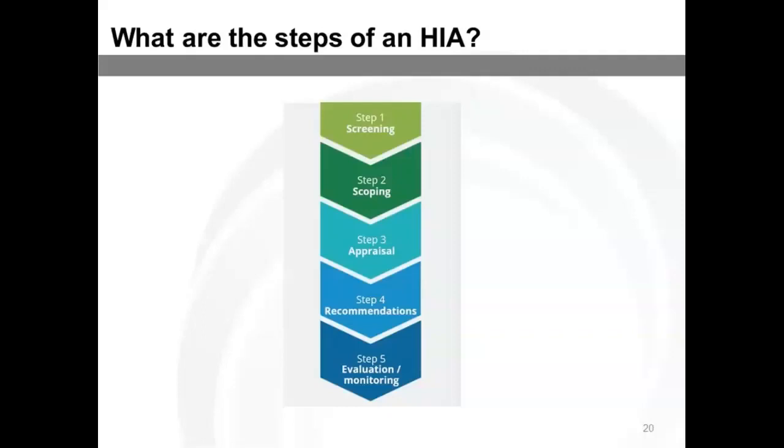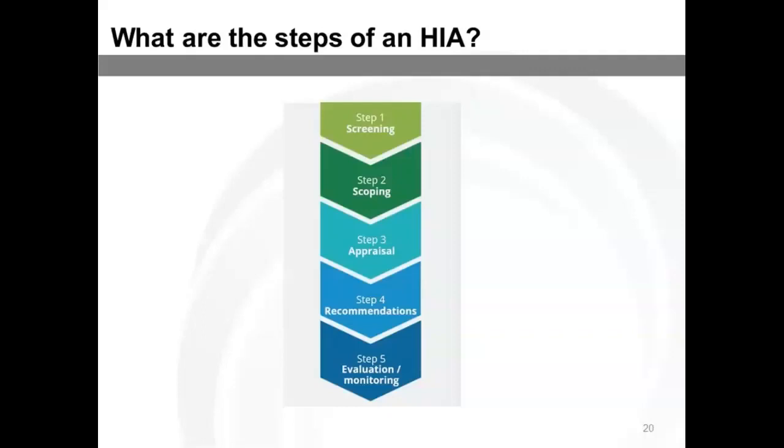The scoping aims to plan how the HIA should be done. This step is where you plan out all the logistics of the subsequent steps in the HIA, and where you identify all the plausible links between the proposal and health.